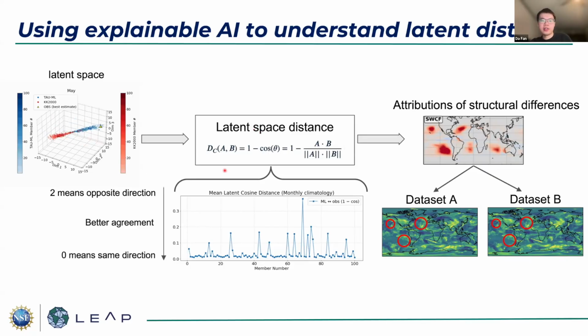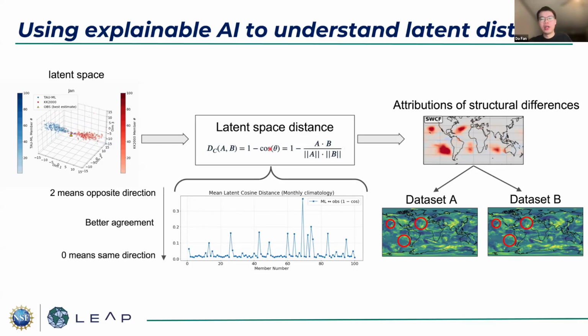That is 1 minus the cosine similarity between data side A and data side B. This cosine distance represents the angular difference in the latent space, and we interpret it as a low-dimensional representation of the structural differences. And it's actually a representation of differences in the global map of liquid water paths, longwave, shortwave radiation.